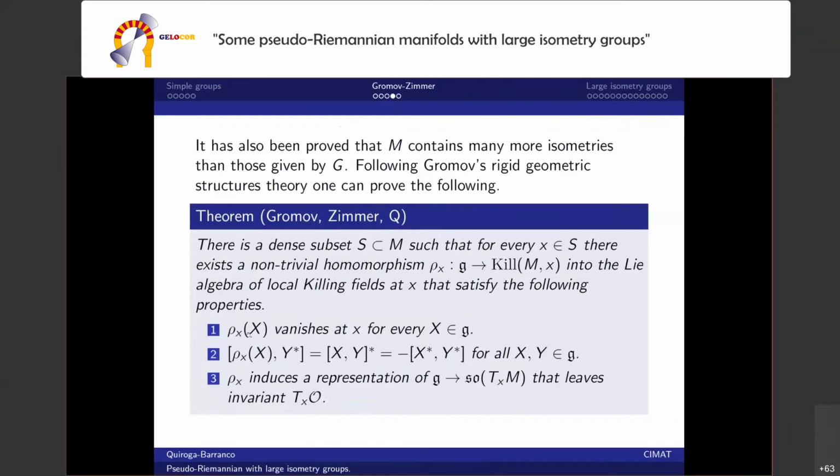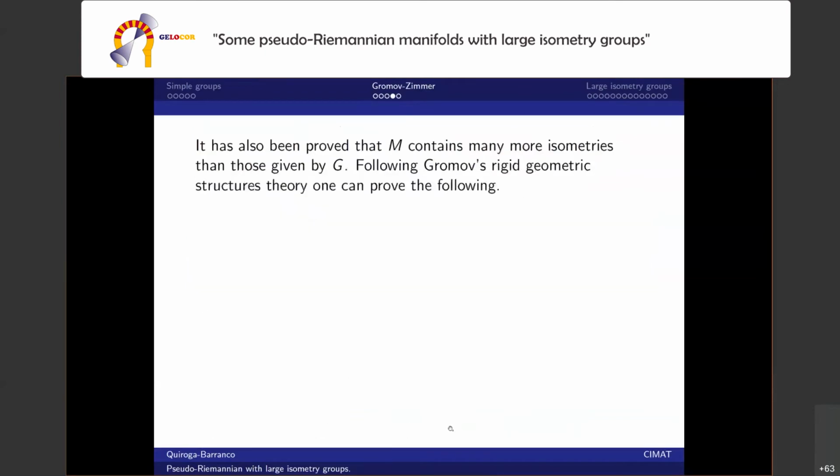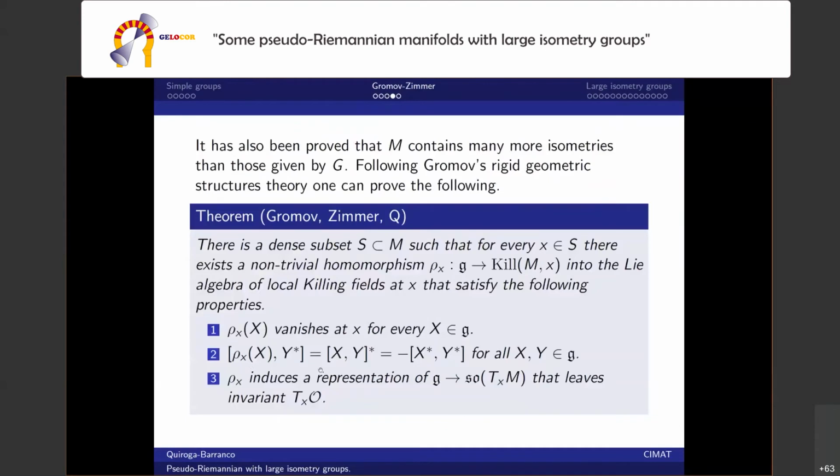All these fields, rho_x of X, vanish at the point. In particular, they cannot be the vector fields given by this action. The action on the spanning fields of the orbits is just the adjoint representation. So you have a representation which preserves the metric, and this is somehow the key to understanding the whole structure of the manifold M.